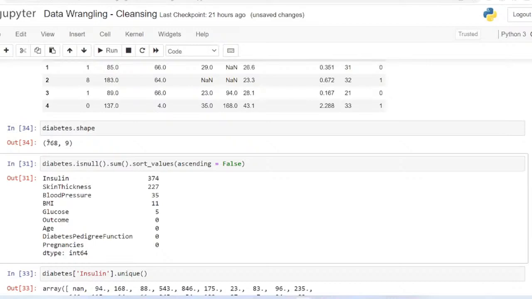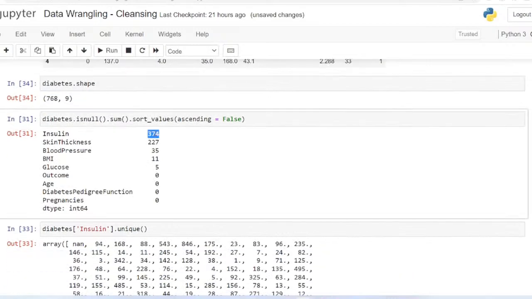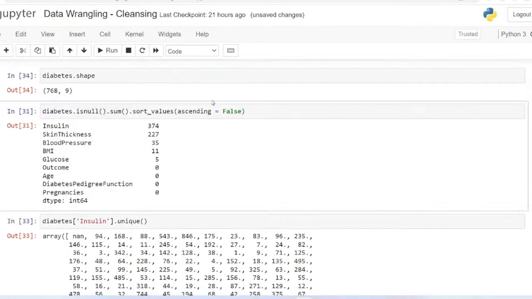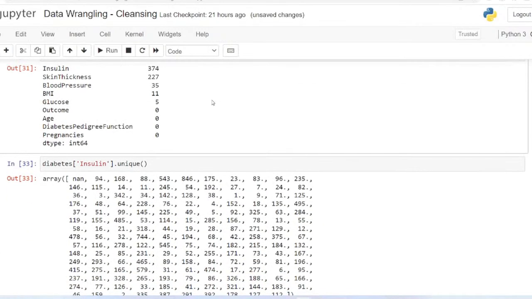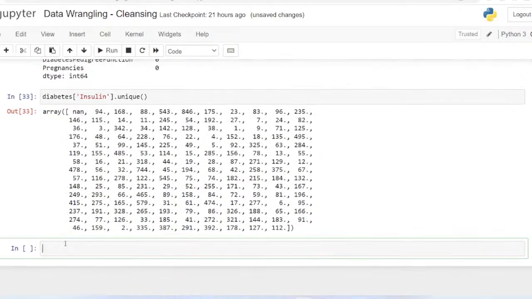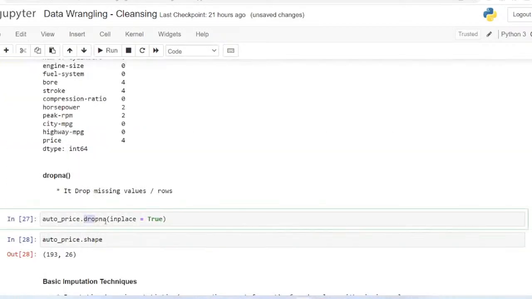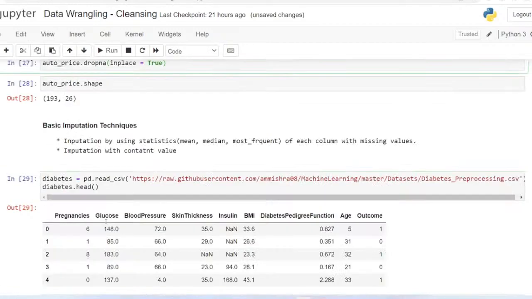Sorry, 768 rows are there, and out of that, 374 are missing. You can see that almost 50% of the data is missing, which means we definitely have to look for replacing these missing values instead of straight away dropping them. Drop NA is the last option. Remember, this is the last option where we tend to drop the rows with missing values straight away.